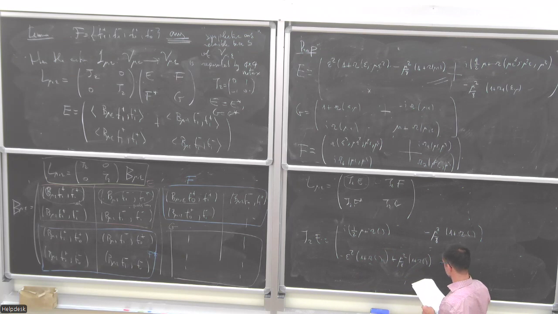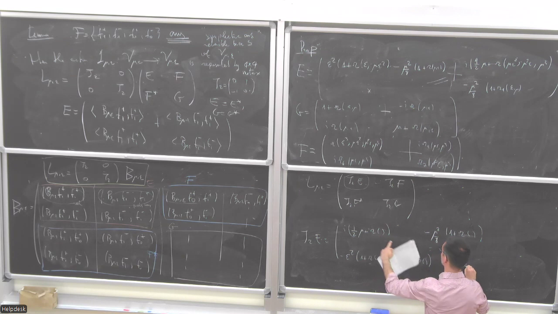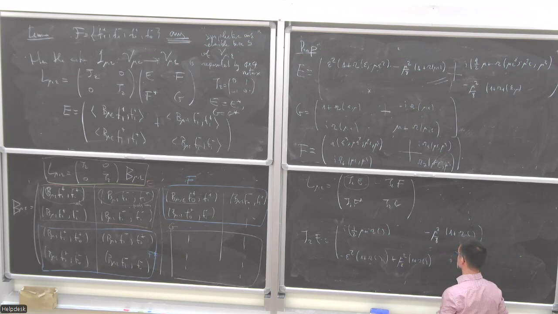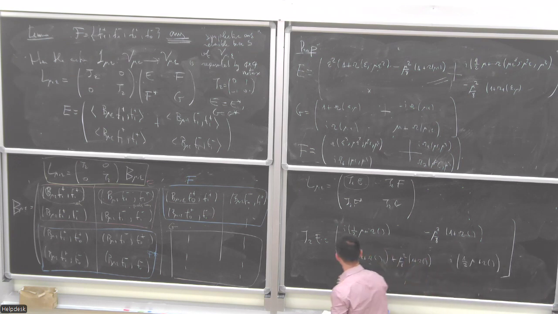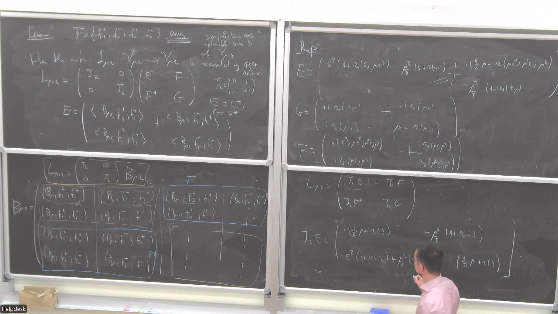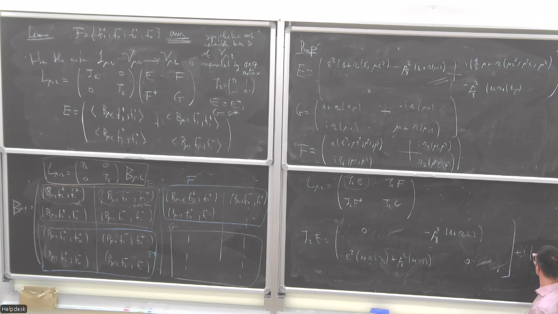And here I have the same element, I 1 over 2 mu plus the remainder. Okay, so these two are the same, and so I can bring them out. So these are the diagonal piece. So I can bring it out, plus I mu over 2 plus the remainder.